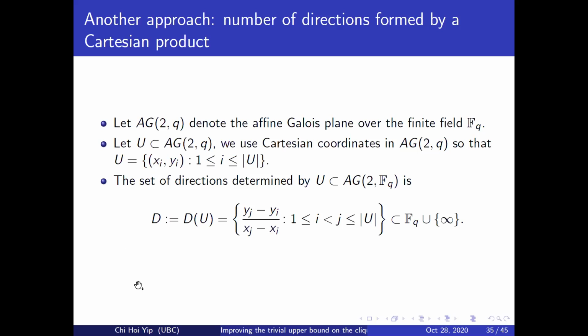So suppose this is xi yi and this is xj yj. Then they form segments, and the slope of this segment is called the direction. So we can see that the direction is a subset of FQ, but it's also possible that the denominator will be 0. In that case, we call this direction infinity.